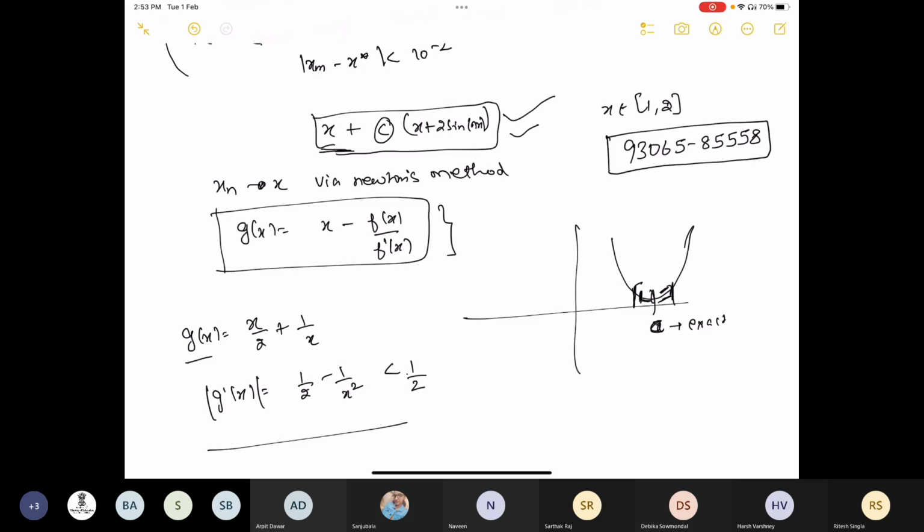But in order to prove it is monotone, you have to have some initial guess, because this function is not monotone throughout. If you go to x naught greater than root 2 and x naught less than root 2, the function will change its monotonicity. On one side it is increasing, and on the other side it might be decreasing. All right.